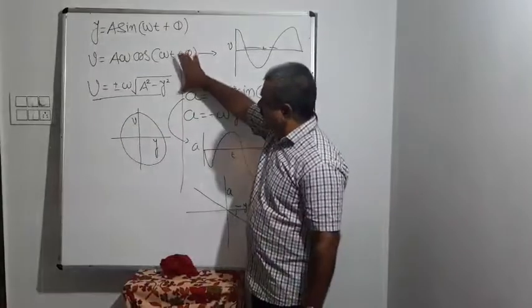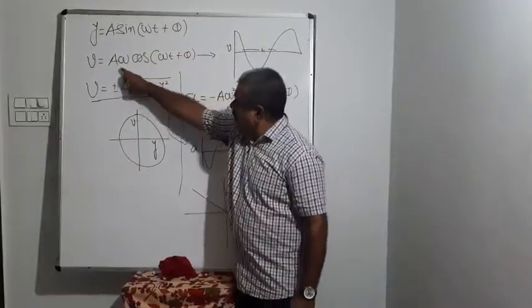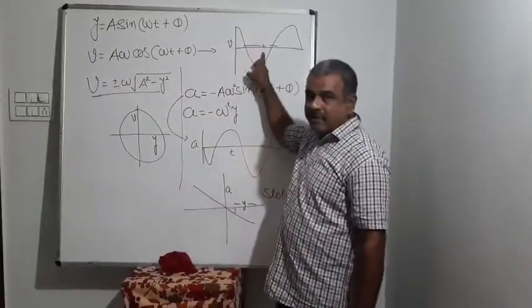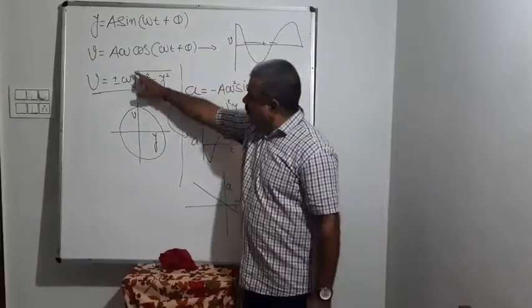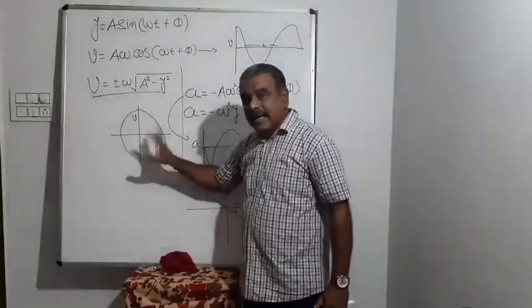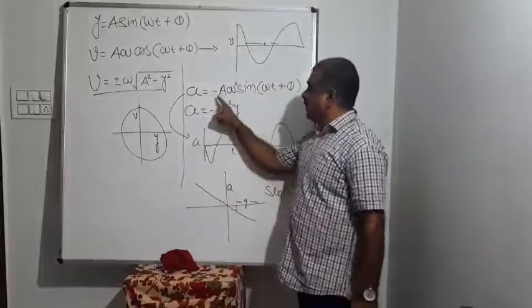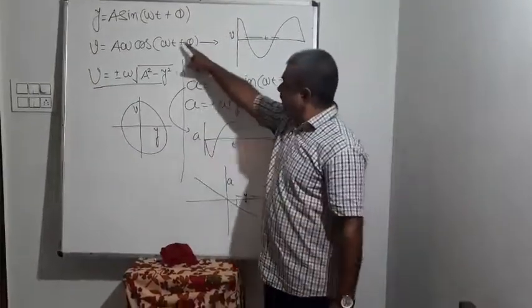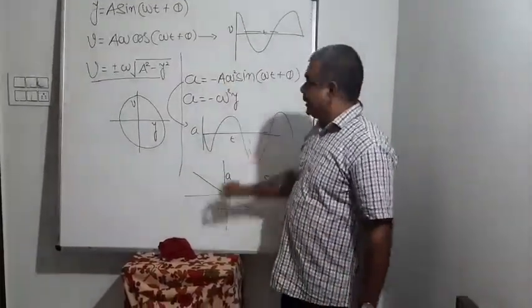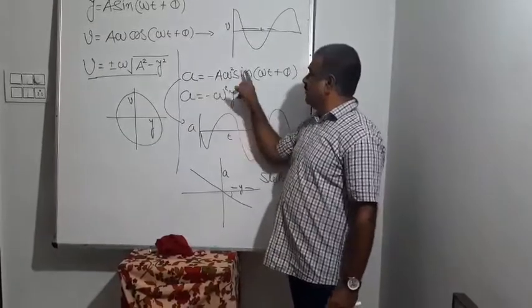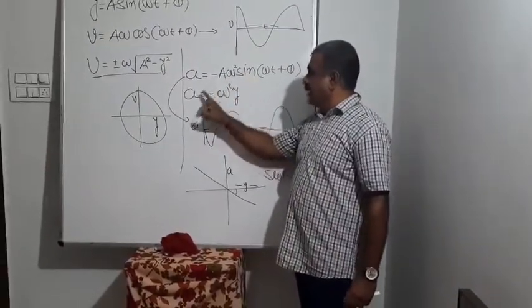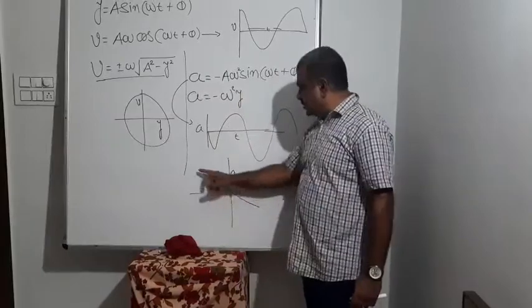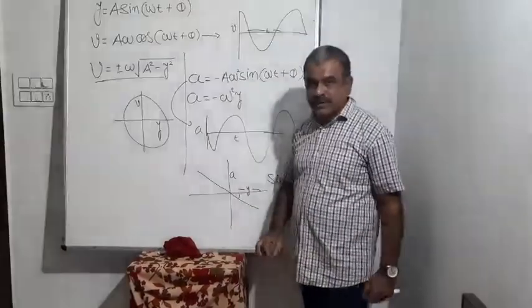Now first focus on this. If I plot velocity versus time graph, it will be cosine. Velocity versus position will be elliptical. Same way, differentiating this equation will give acceleration. The acceleration versus time will be sine, and acceleration versus position will be a straight line graph passing through the origin.